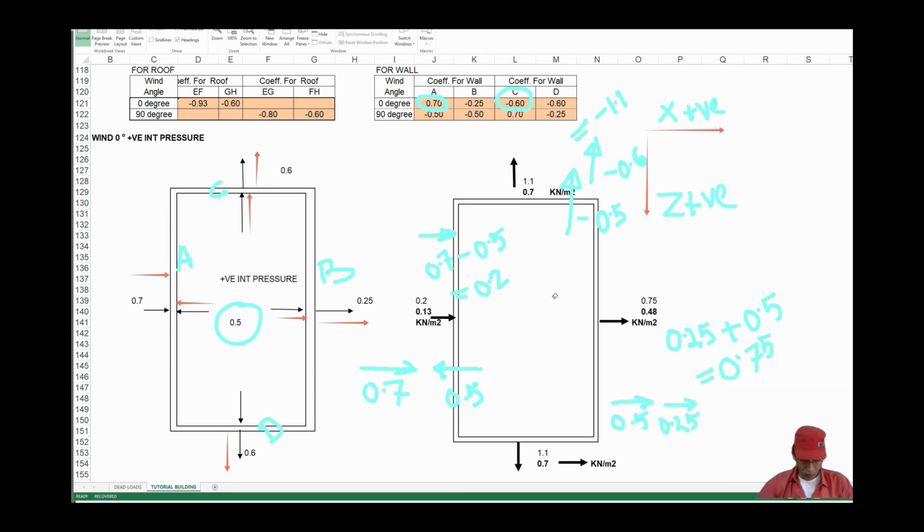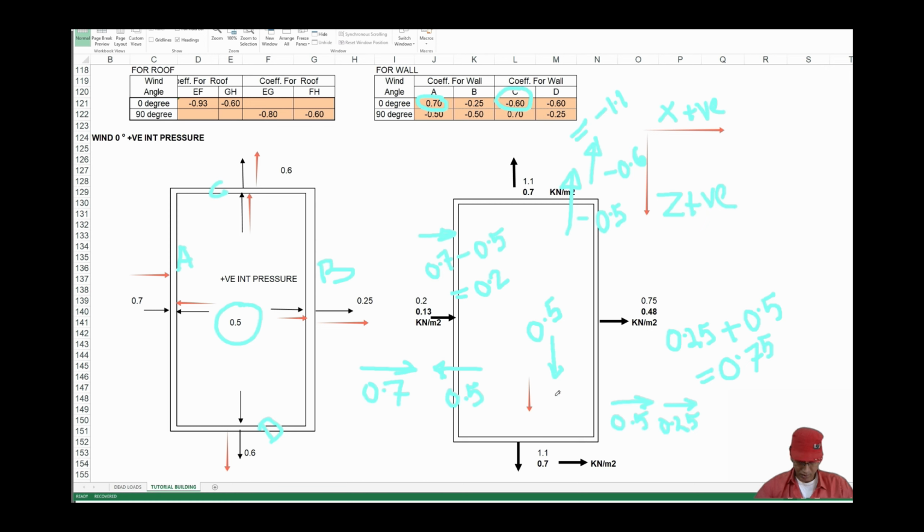Similarly, come to wall D. We have 0.5 in positive z direction.